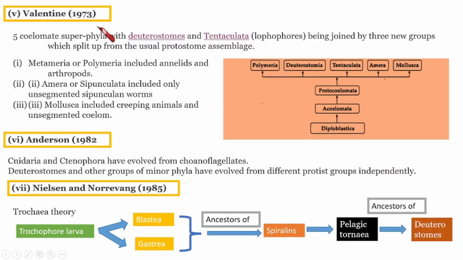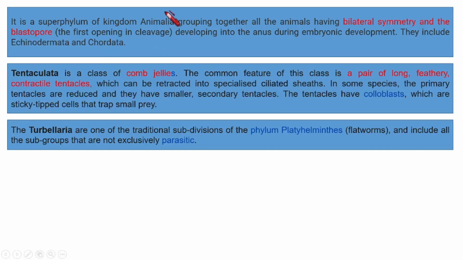Okay. Then Valentine in 1973 put forward 5 coelomate superphyla. We can see all those superphyla here, with the Deuterostomes and Tentaculata. Deuterostomes include a group in which they are all bilaterally symmetrical, and also the blastopore, the first opening that forms during the gastrula stage in embryonic development, will develop into the anus.